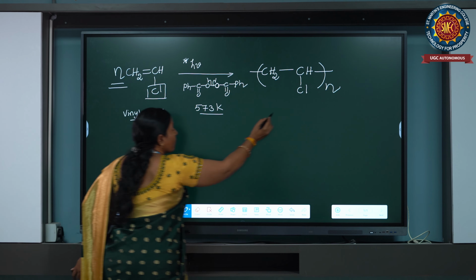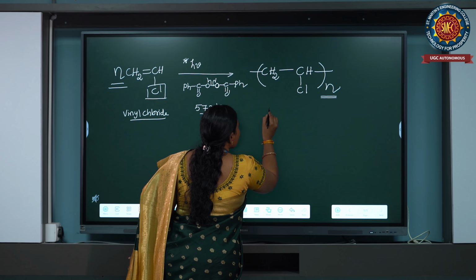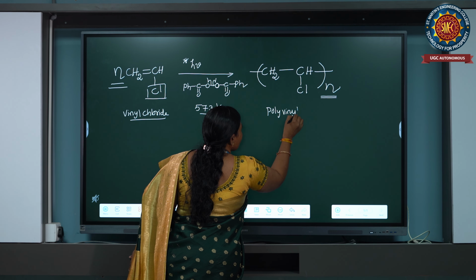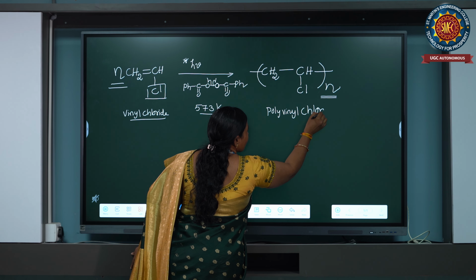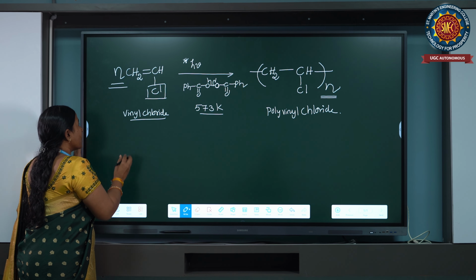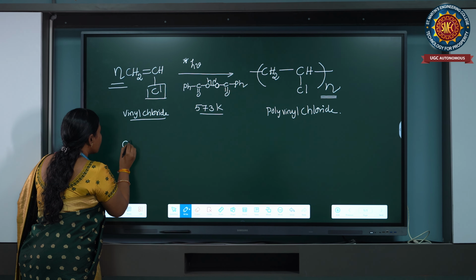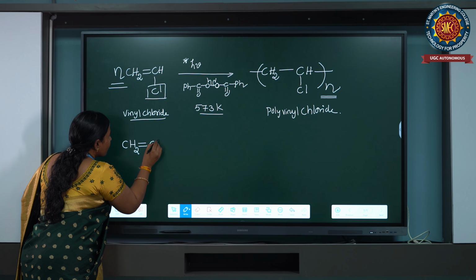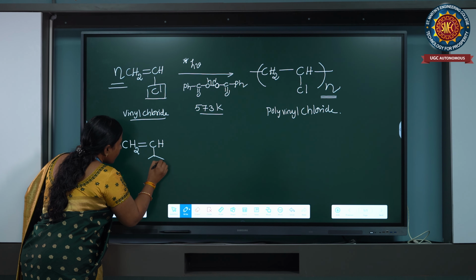That's why we got the long chain polymer, polyvinyl chloride. Then another example: from ethylene, remove one hydrogen and write benzene.